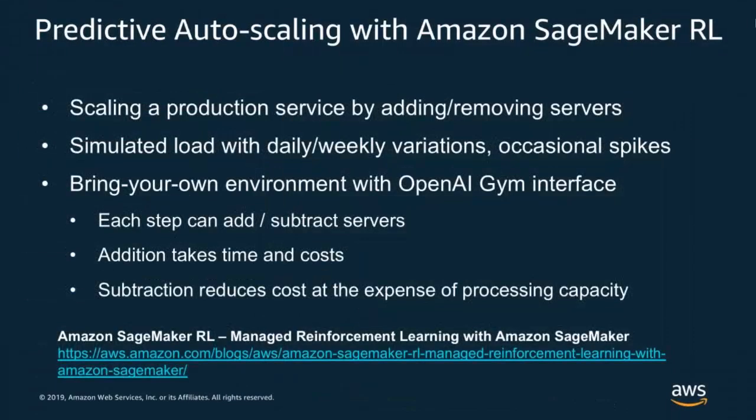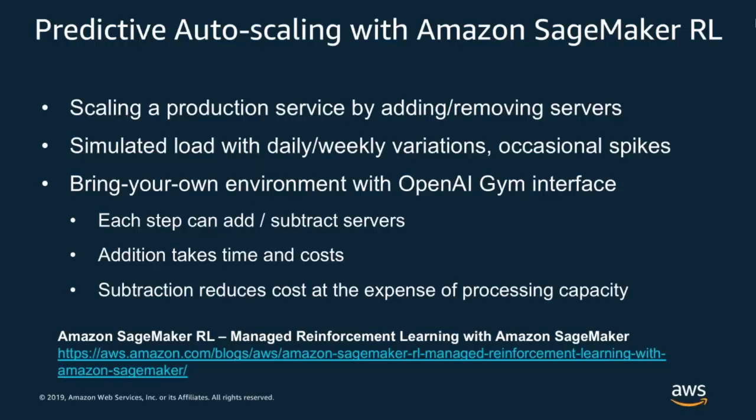So before we jump into the example, a few pointers about the example. While it is a toy example, it demonstrates how you can build an auto-scaling system which responds to different workloads by adding or removing servers. And the load itself is simulated in this case with certain variations and occasional spikes. And the environment that we have coded up with this example uses the OpenAI Gym interface, and it implements different steps.